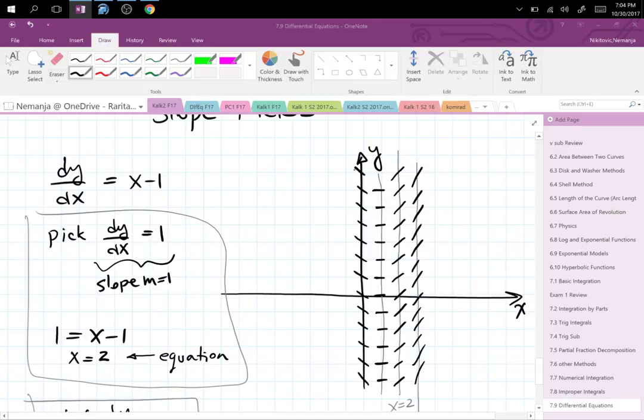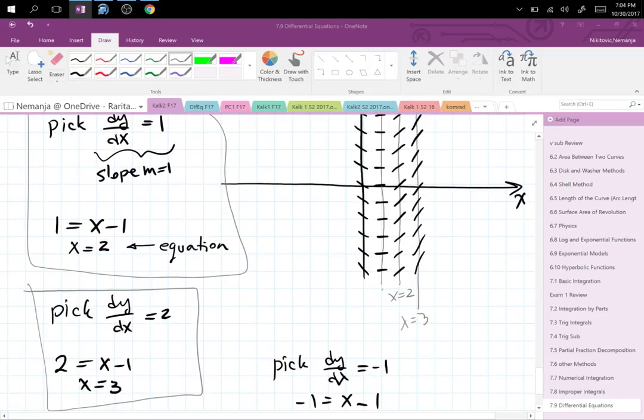So 45-degree slopes. Oh, x equals 0. All right.